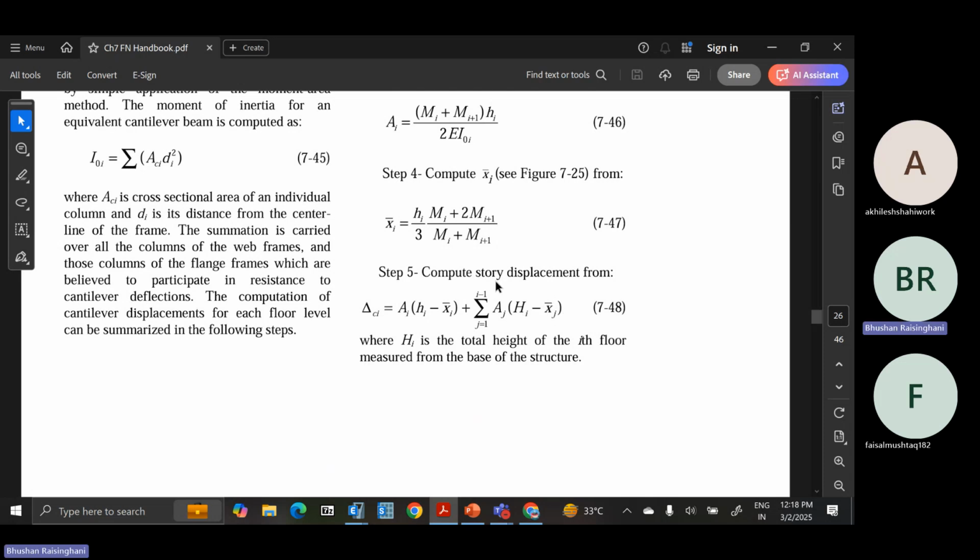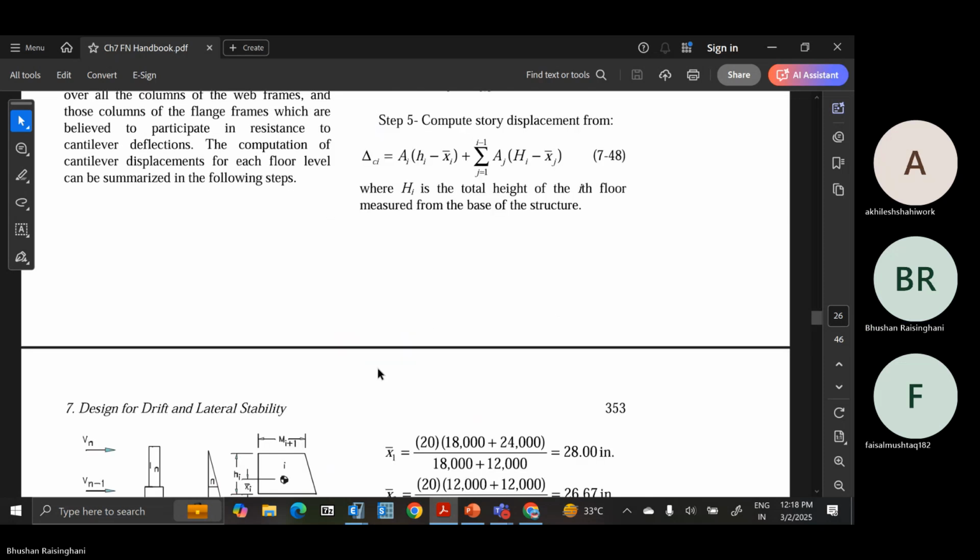So Hi is the total height of the ith floor, the capital H, from the base of the structure. So from the bottom, whatever the floor is, you will get that height, and hi is the story height.